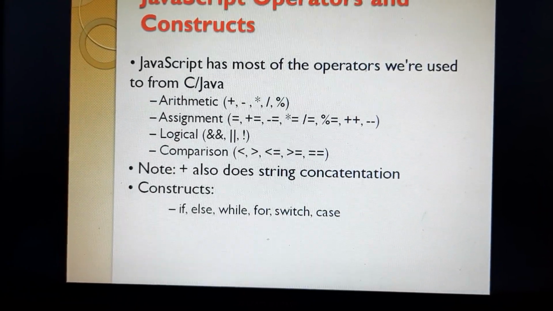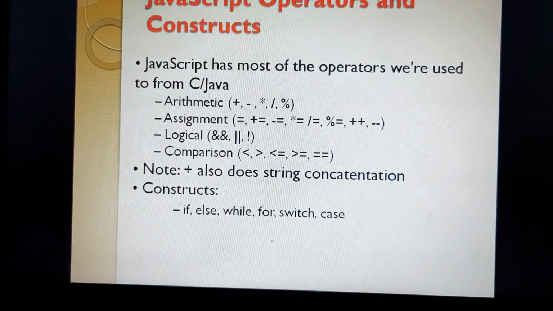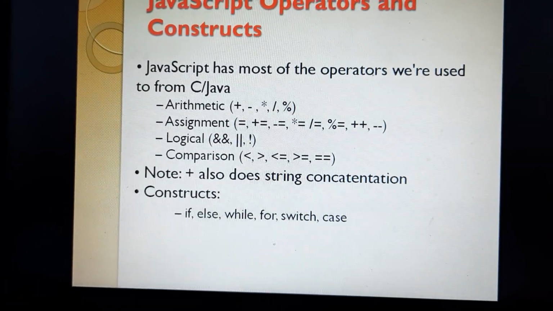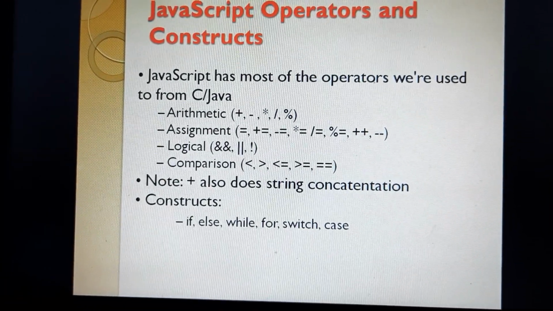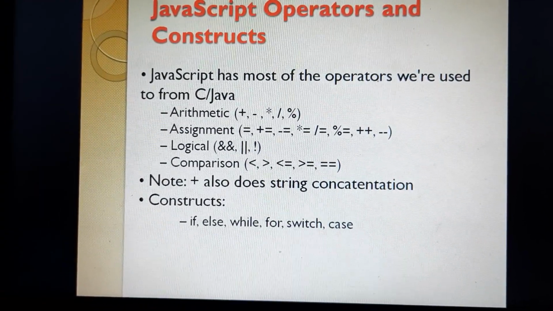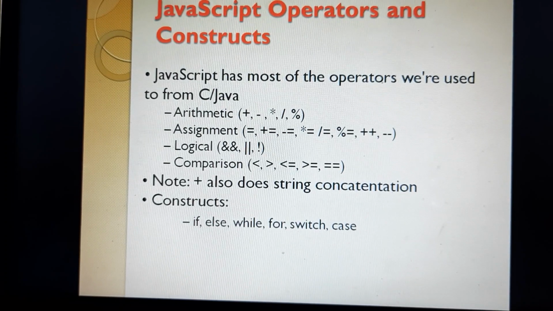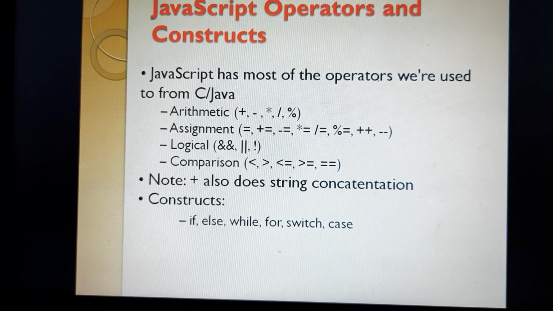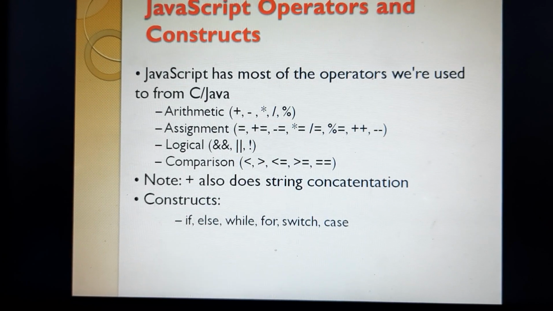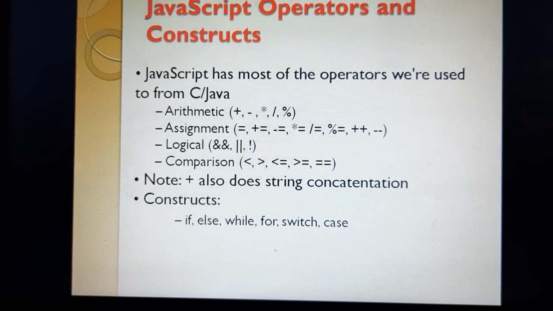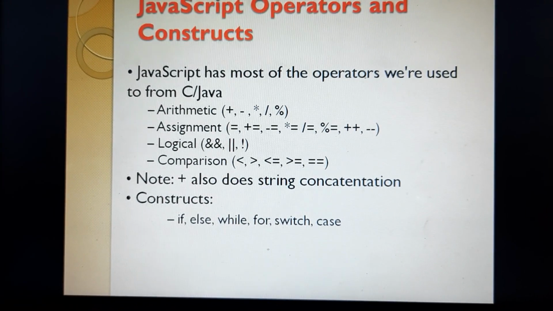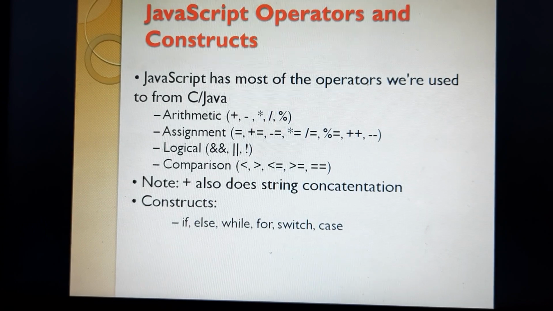And also plus can be used for concatenation of string variables. And for constructs, we can use the if else statements, and for looping purposes we can use while, for, and we have case, and we have switch also. So these are some of the operators and constructs which we can use in JavaScript.